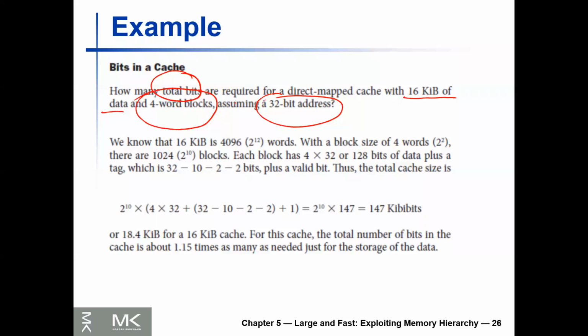So girls, first of all, when I say 16 kilobytes of data, it means how many words are there, because it is written in kilobytes. Can we convert it into words? In order to convert it into words, what do I need to write? Divide by 4.